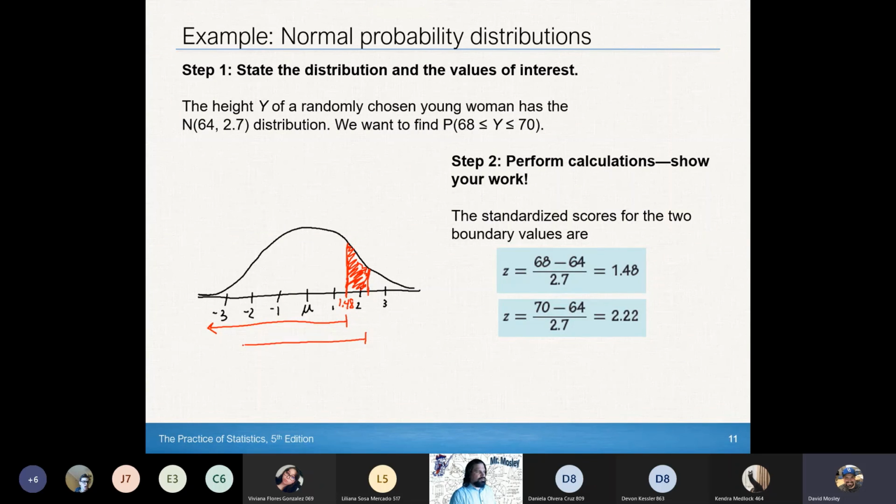We'll also find the proportion to the left of 2.22, and I only need this part. So I will take the probability of z being less than or equal to 2.22, and subtract the probability of z being less than or equal to 1.48. And that will give me the section I need.